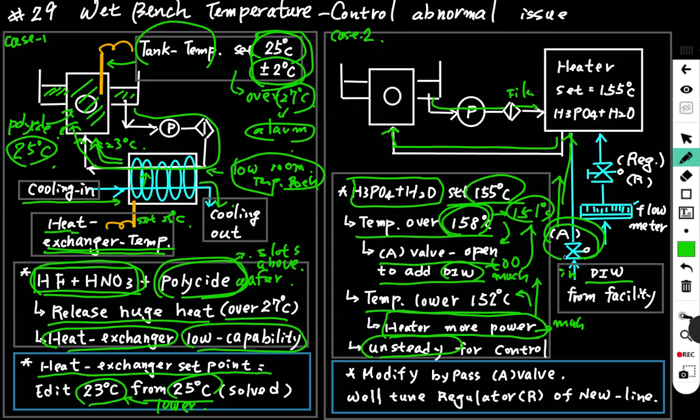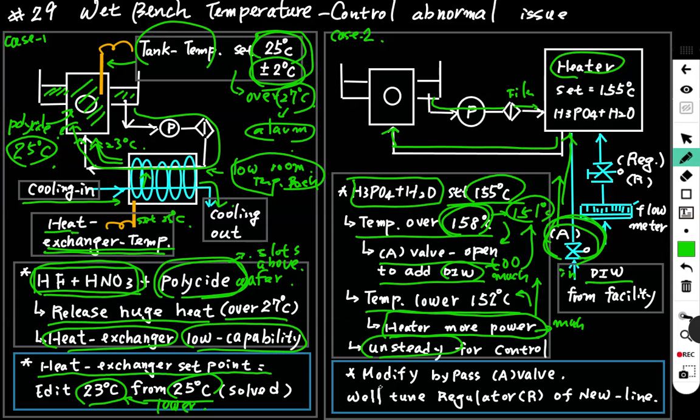So the DI water in too much suddenly drops the temperature, and the heater power increases too much to make the temperature rise suddenly too much.